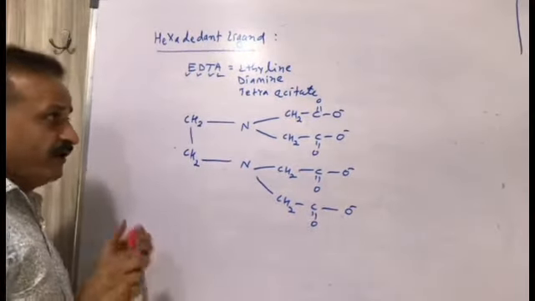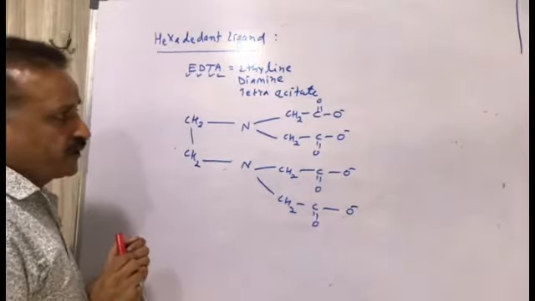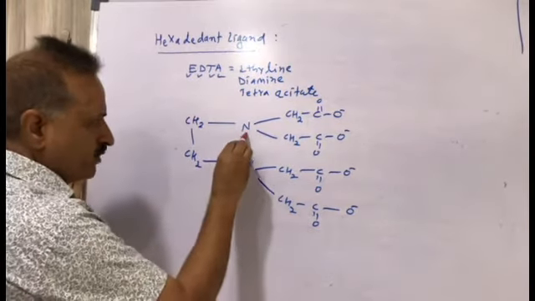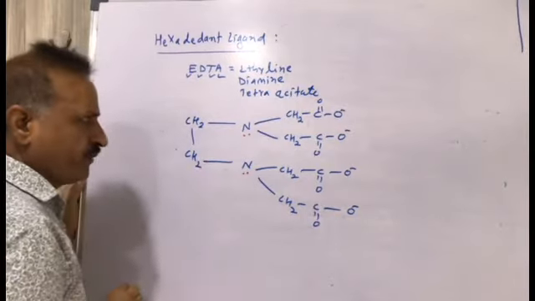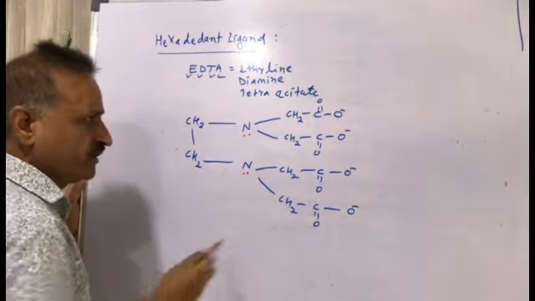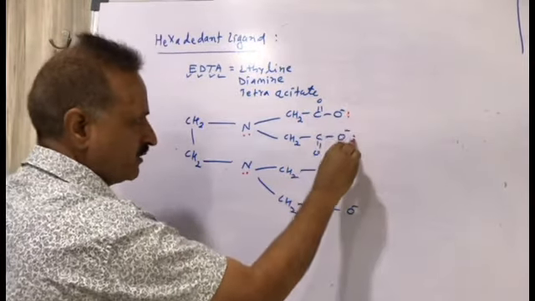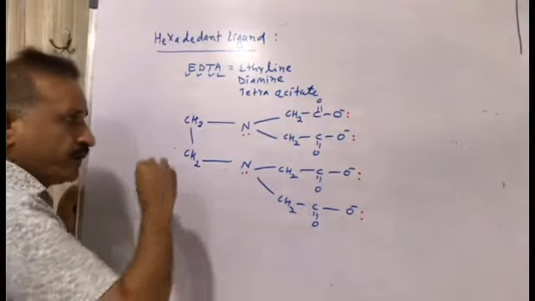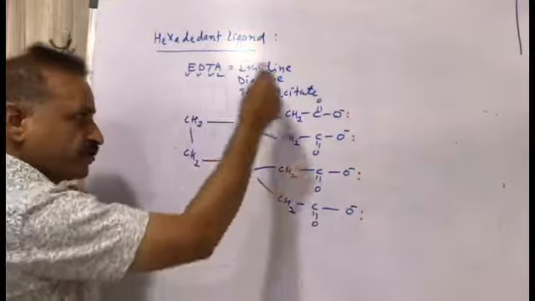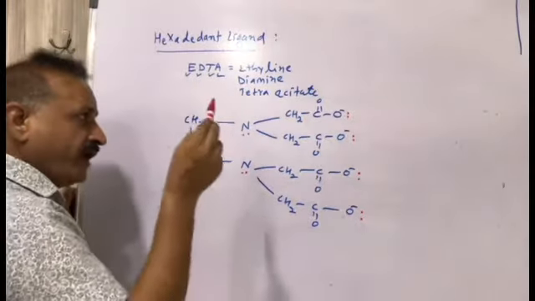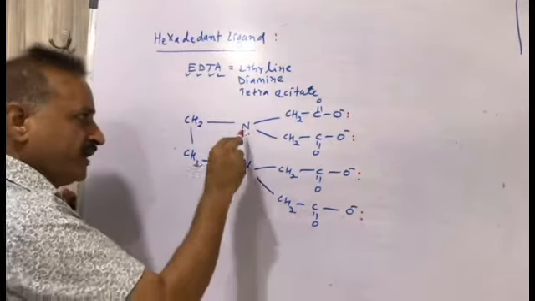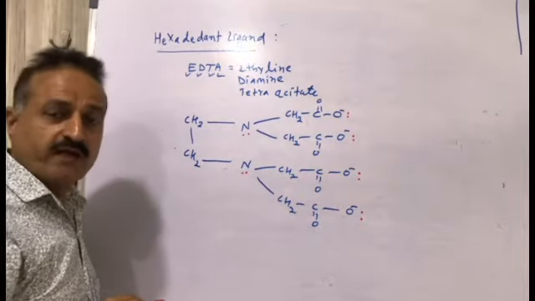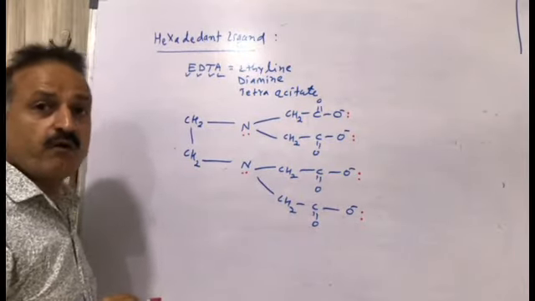So how can 6 electron pairs be donated? Nitrogen will donate 2 electron pairs from 2 different nitrogens, and 4 oxygens can donate 4 electron pairs. From 1 molecule of EDTA there are 6 atoms that can donate 6 electron pairs.